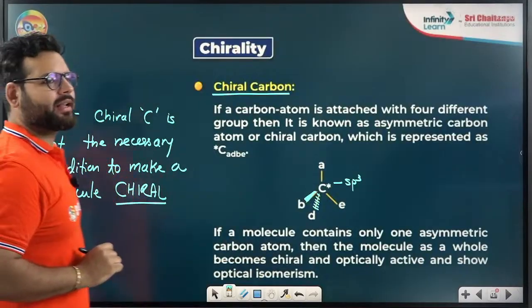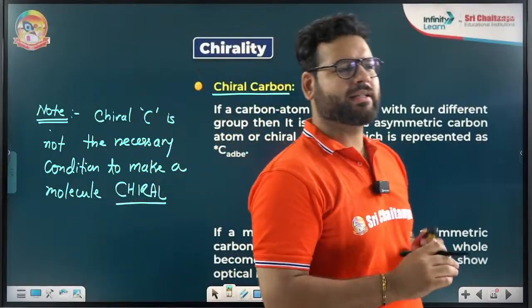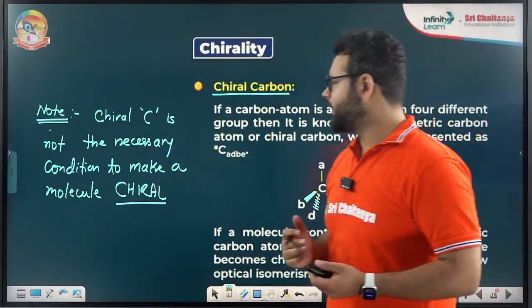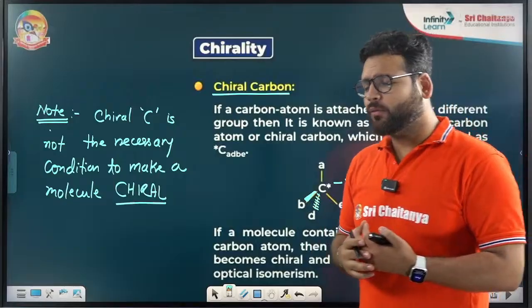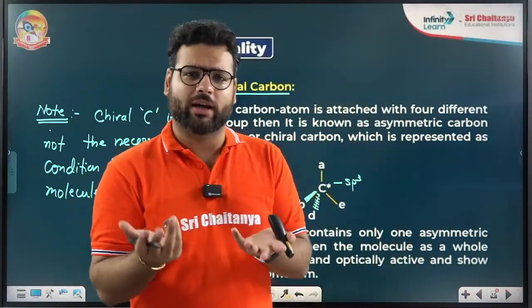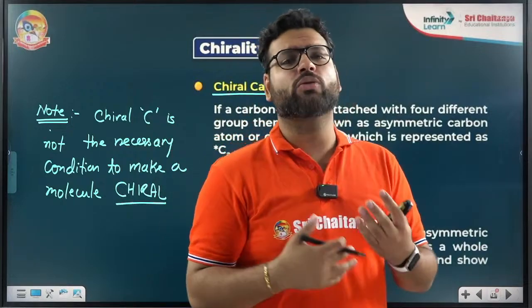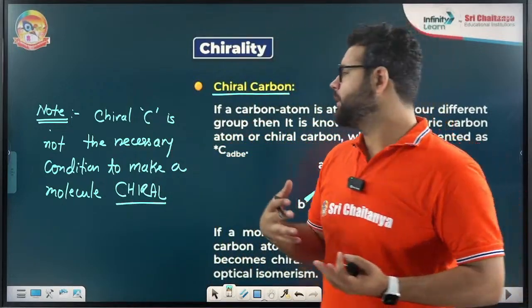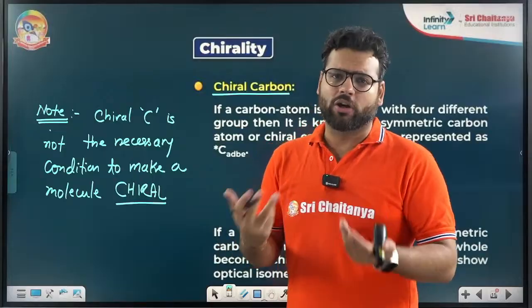Having a chiral carbon is not the necessity to make a molecule chiral. Many times when there are 2-3 chiral carbons present, still the molecule can be achiral or not chiral.